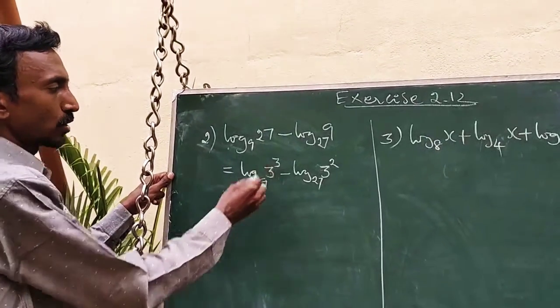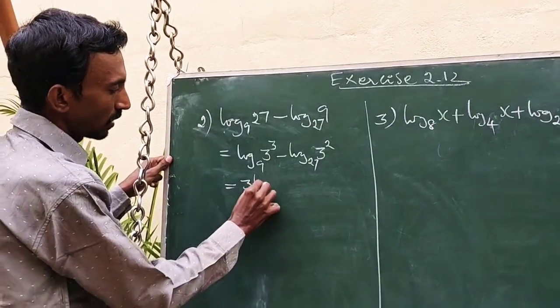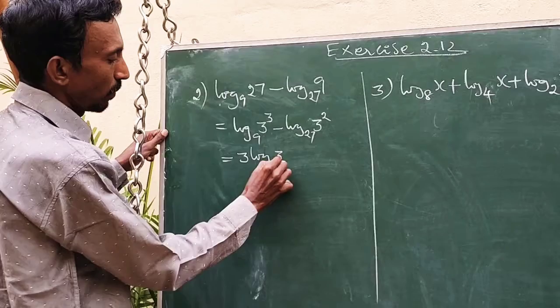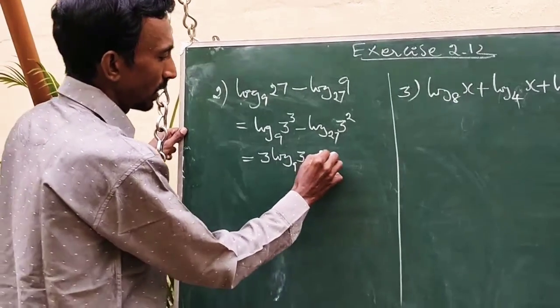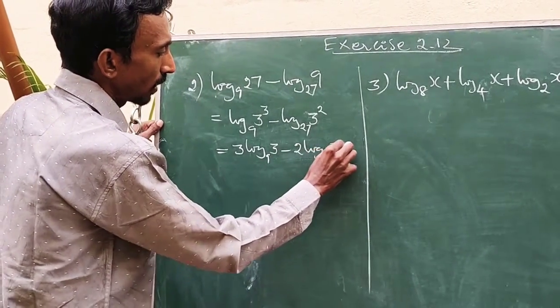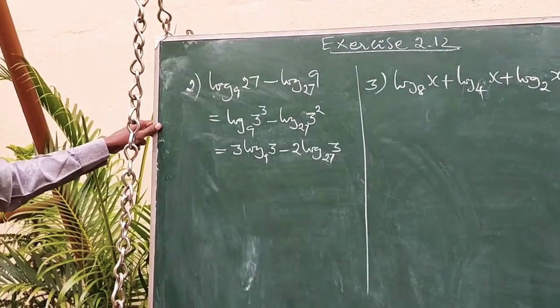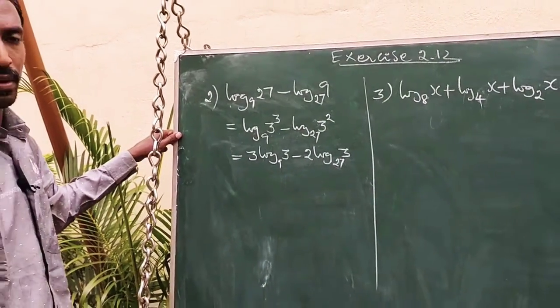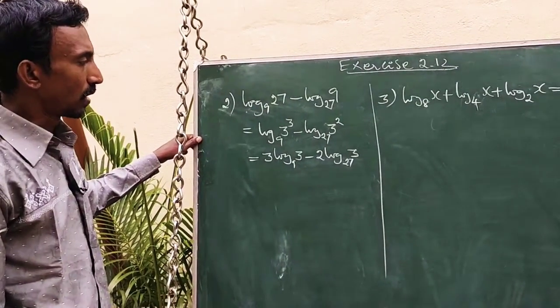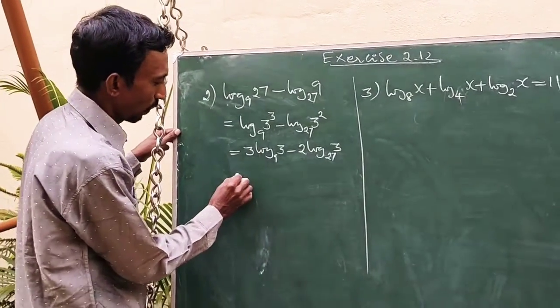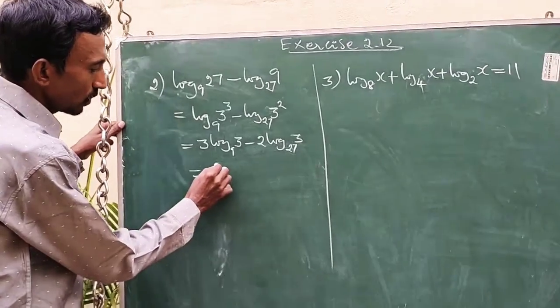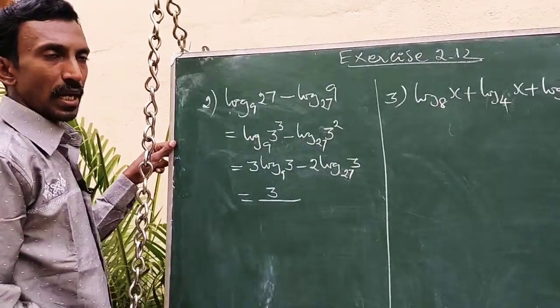Use the power rule: 3 into log 3 base 9 minus 2 into log 3 base 27. We are using the rule log a to the power b equal to b into log a. Again, change of base rule.